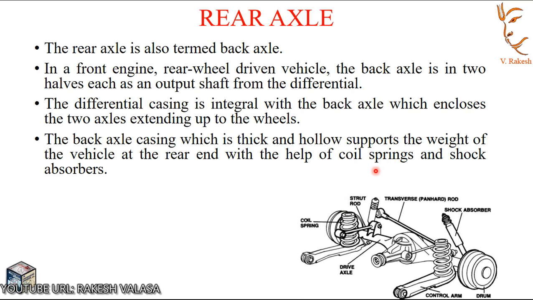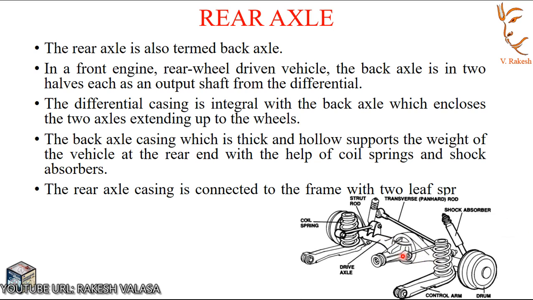Coil springs are used in light vehicles, leaf springs are used in heavy commercial vehicles. The rear axle casing is connected to the frame with two leaf springs, one at each side.